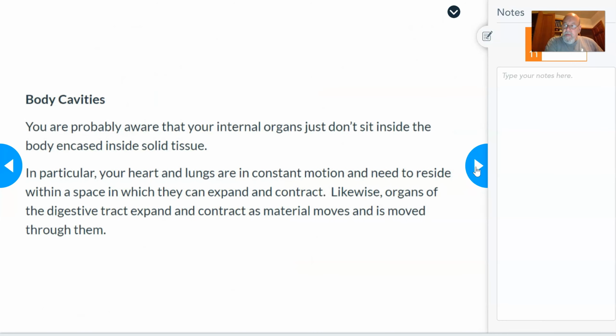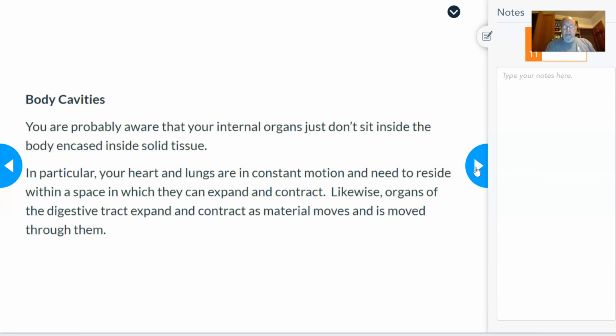Then finally, you're probably aware that your internal organs just don't sit inside the body encased in solid tissue. In particular, your heart and lungs are in constant motion and need to reside within a space where they can expand and contract. Likewise, organs of the digestive tract expand and contract as material moves through them. And the digestive tract, the large intestine in particular, can become massively distended when there's lots of gas in it.